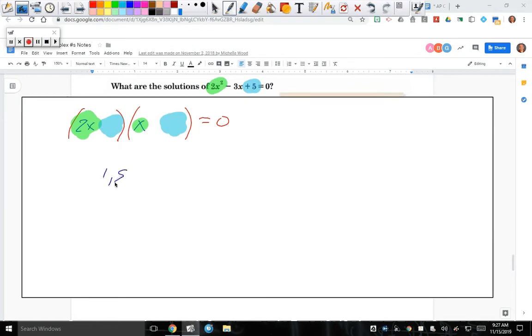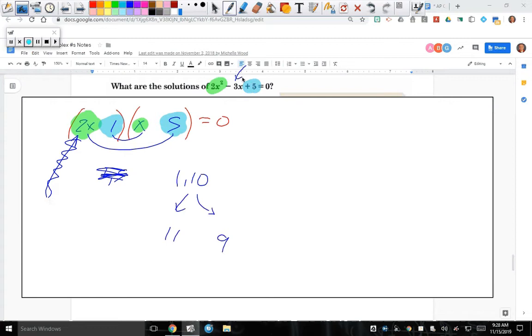But if I put 1 and 5 here, I would write a 1 and a 10, and I would see that this would either give me an 11 or a 9. That's not an 11 or a 9, so this doesn't work. This is that number sense approach.